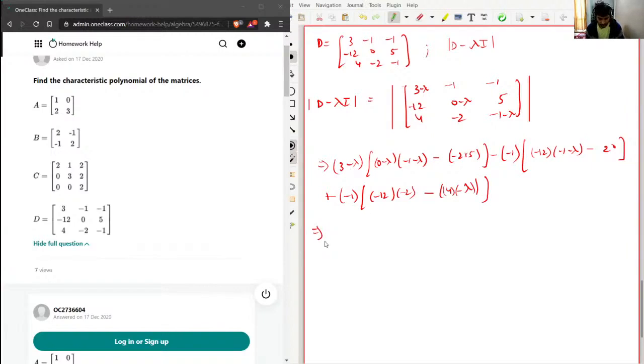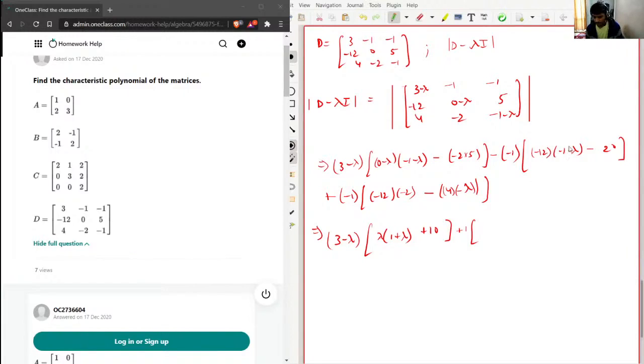So I'll just skip this 3 minus lambda multiplication first. So this will be 2 5s are 10, and minus minus will be plus, so this will be plus 10, and this is 0 minus lambda, so it will be minus lambda. So minus and this minus minus will become plus, so lambda times 1 plus lambda, 1 plus lambda, and this will be plus 10, and this minus minus will become plus.